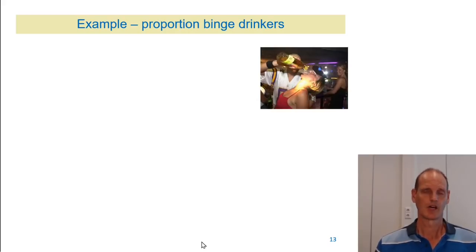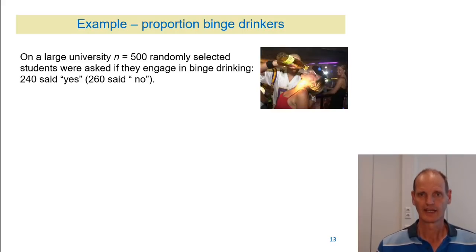An example about making a confidence interval. It's on the proportion of binge drinkers at some large university. It's an American example. I have always been shocked by the numbers, and I have no idea how realistic this is.